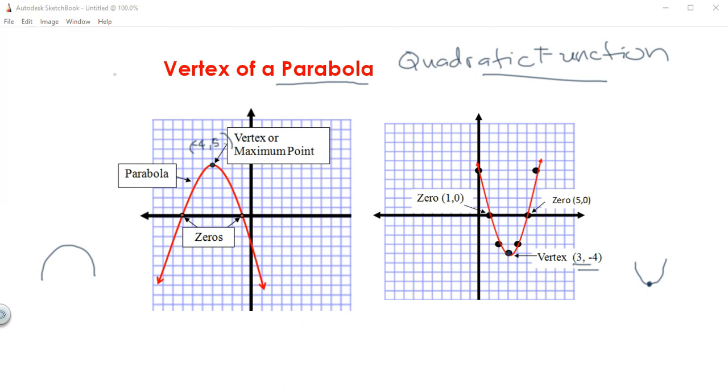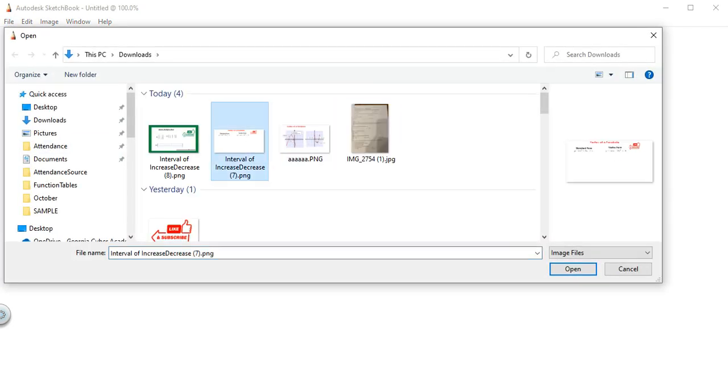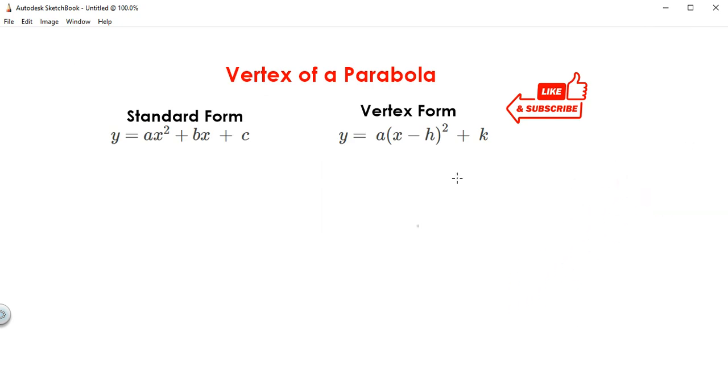Okay, so let me just open the file. Okay, so we have it here. The first thing, because we're trying to find the vertex of the parabola using an equation, is that we need to be able to recognize what kind of form we're given.